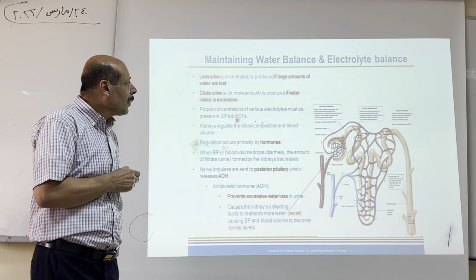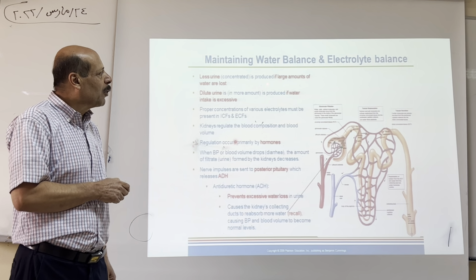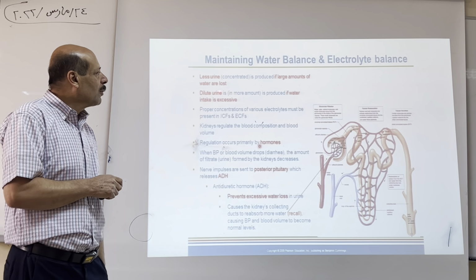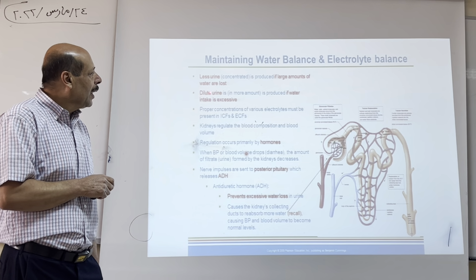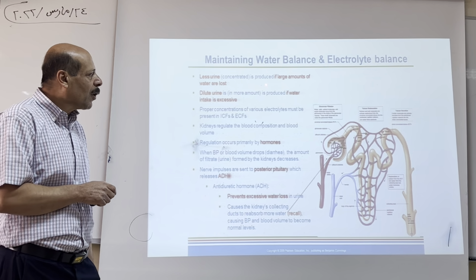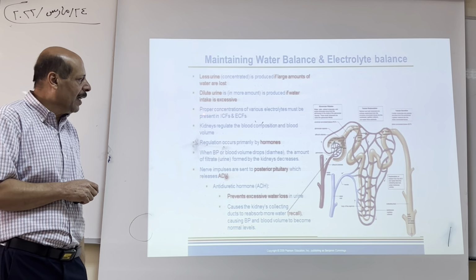So concentrated urine is produced when a large amount of water is lost, and diluted urine, in a larger amount, is produced if water intake is excessive, as we said.